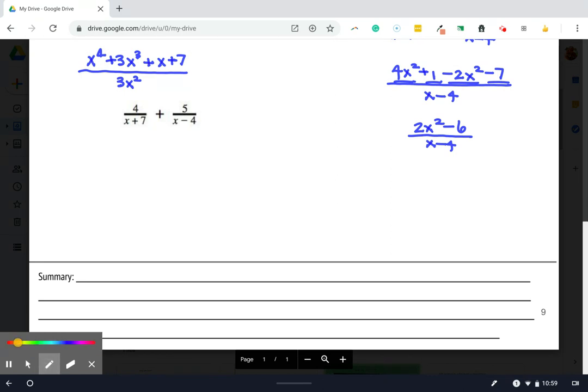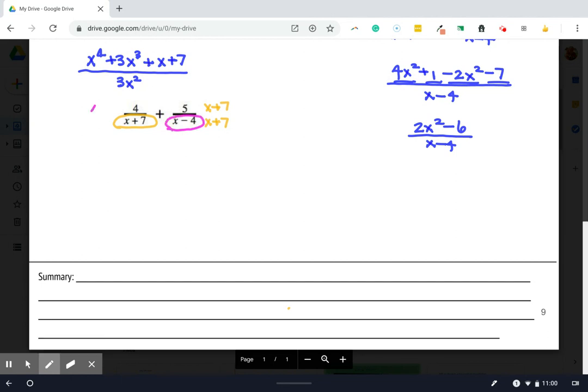And in this example at the bottom, one of our denominators is x plus 7, and the other one is not. And so when I say multiply in the missing info, this second fraction is missing an x plus 7. So I'm going to multiply that second fraction by the x plus 7. The other denominator here is x minus 4.